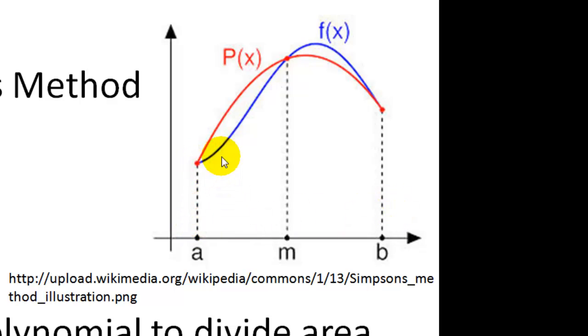If we have one interval from A to B, we can approximate it through 3 points, a polynomial of degree 2, a parabola that travels from A to a midpoint to B. Using this second degree function, this parabola, to connect the left and right endpoints, really generally does a very good job of figuring out the area with a very small number of even subintervals. It does have to be even because, as you can see here in this Wikipedia picture, it takes 2 subintervals to make one Simpson polynomial.